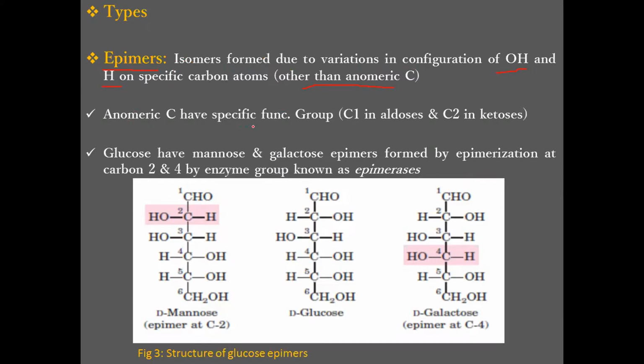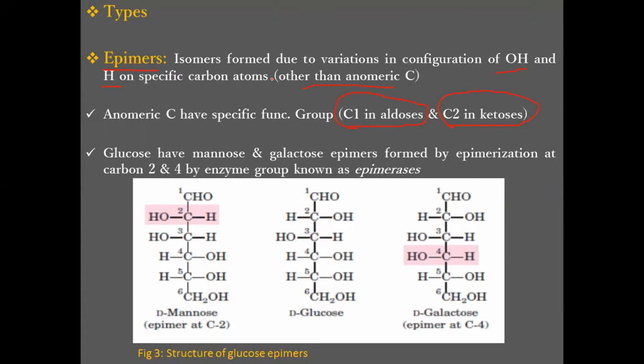Anomeric carbon has a specific functional group. For example, in aldoses, they have an aldehyde functional group at carbon 1, so the anomeric carbon in aldoses is C1. In ketoses, which have a ketone functional group, the anomeric carbon is carbon 2.